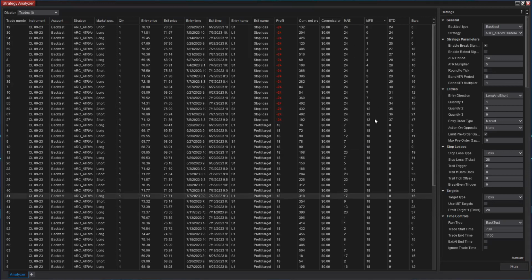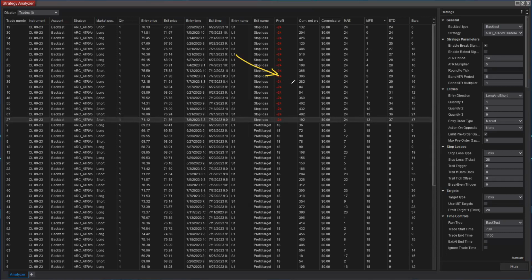Now we would do that on the other side. Max favorable before it went and hit the stop. Really, the ones that got stopped out didn't go very far in our favor before they went against us. So in this case, this helps us know the stops are too loose. I've already optimized this, but if this was what we're looking at, we've got some room to probably tighten up the stop on this one.